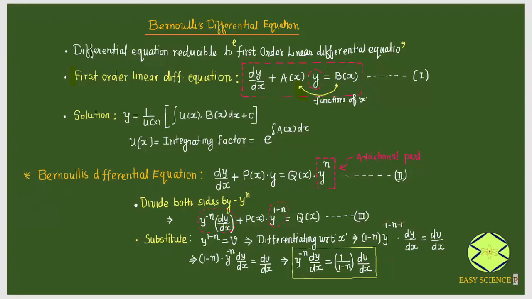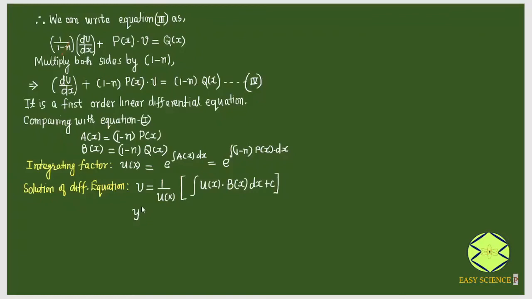So you will get y raised to 1 minus n equals 1 over u of x, where u of x is, as you know, e raised to integration of 1 minus n p of x dx, so I will not change it. Then integration of u of x again, where u of x is the integrating factor, and b of x is nothing but 1 minus n q of x, dx plus c.